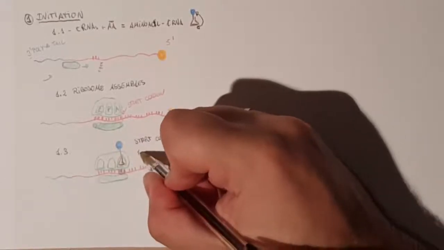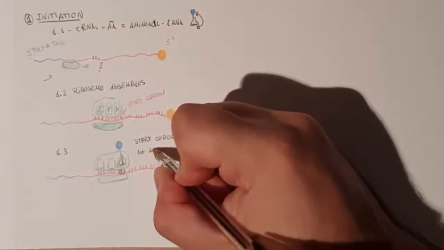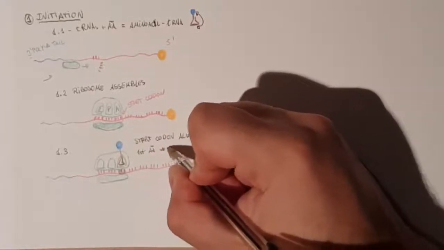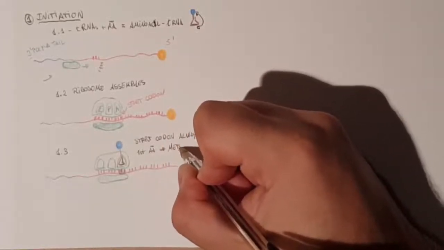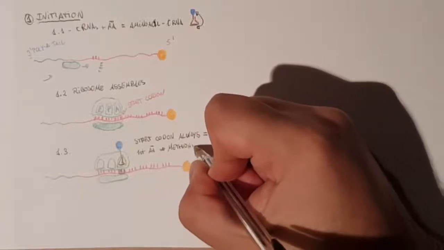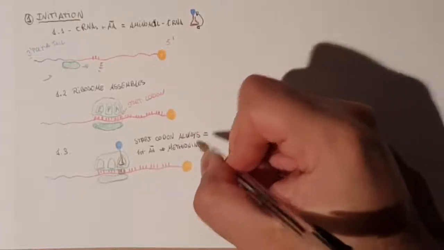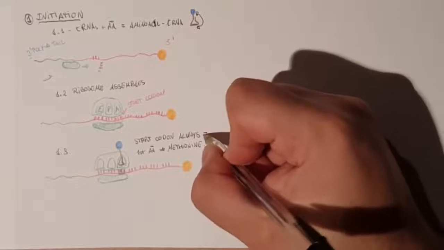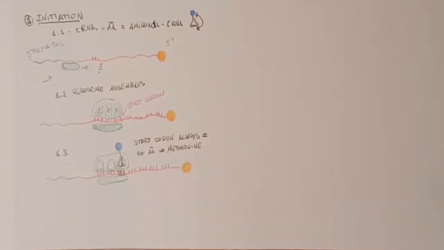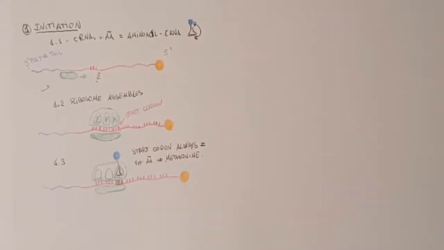So the first amino acid is going to be methionine. Then we can eliminate it or change it or whatever, but every protein at first starts with a methionine amino acid.